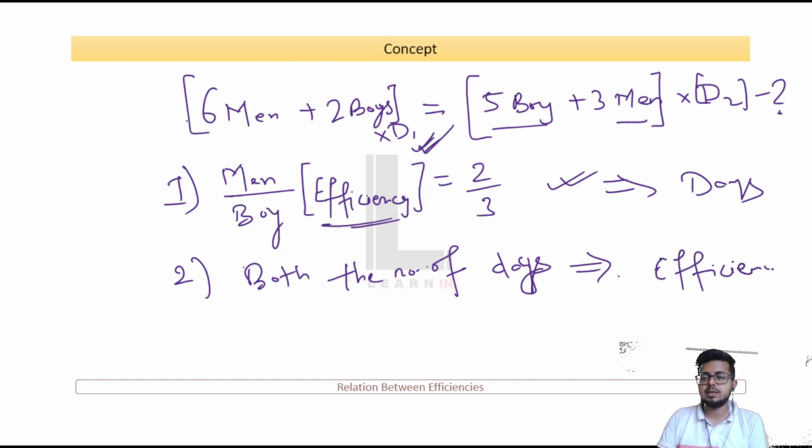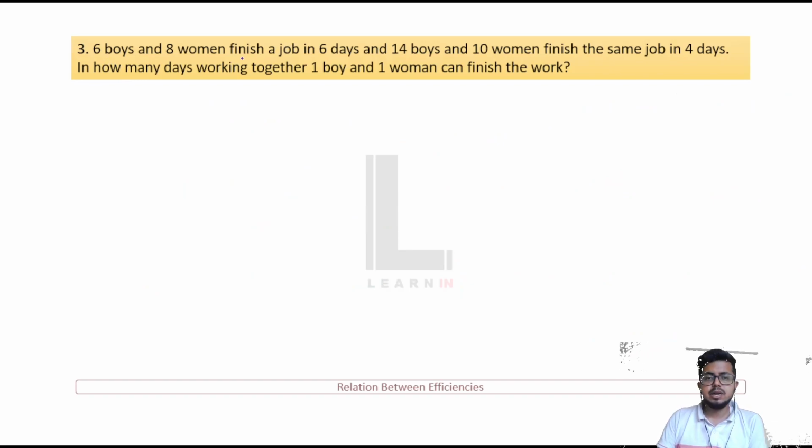For example, we had seen the question of the package or the salary that these people were getting, the efficiency is needed in that question. Now let us move to the question. 6 boys and 8 women finish a job in 6 days, and 14 boys and 10 women finish the same job in 4 days.